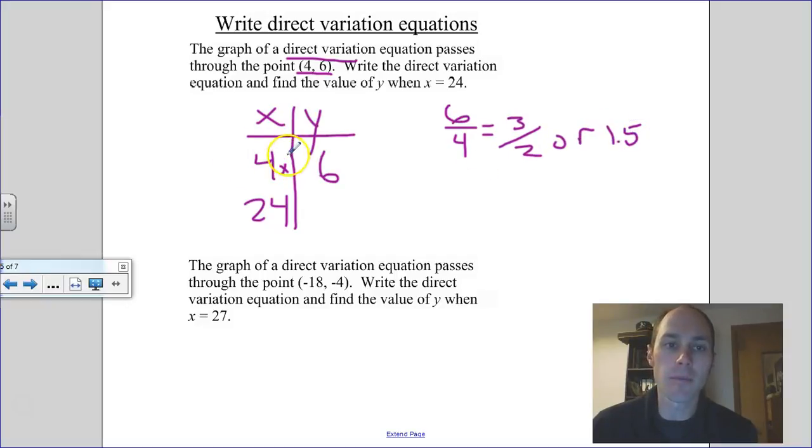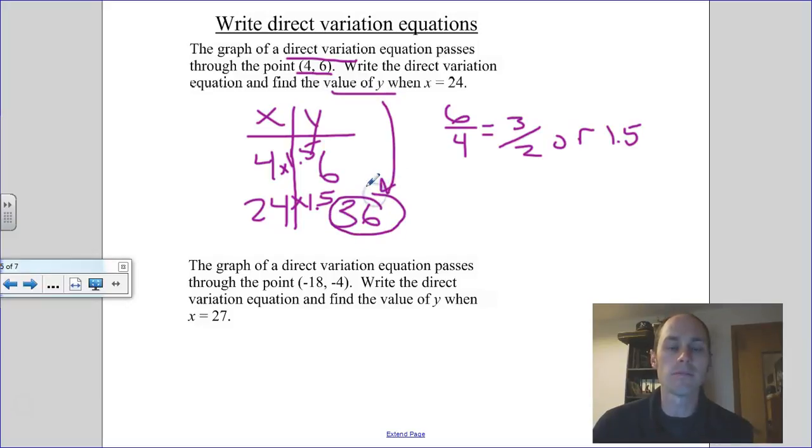So I know I'm multiplying by 1.5 to get to 6. If it varies the same way, I'll multiply 24 times 1 1/2, and that gives me 36. So y is 36 in this direct variation equation.